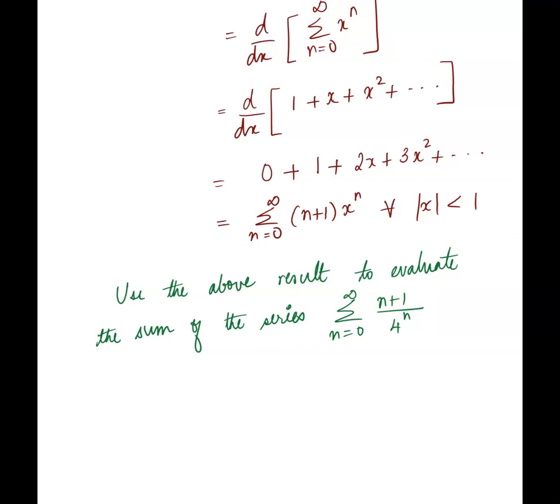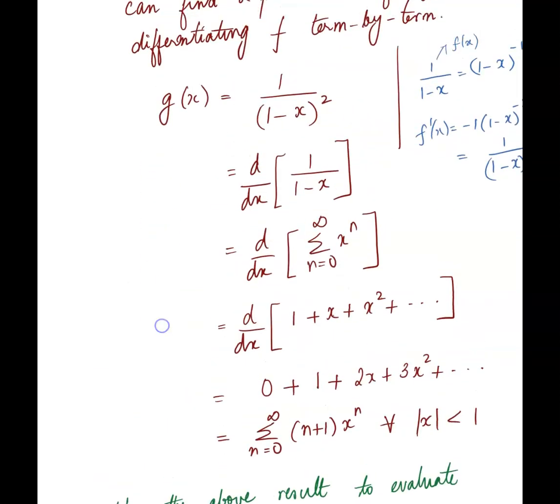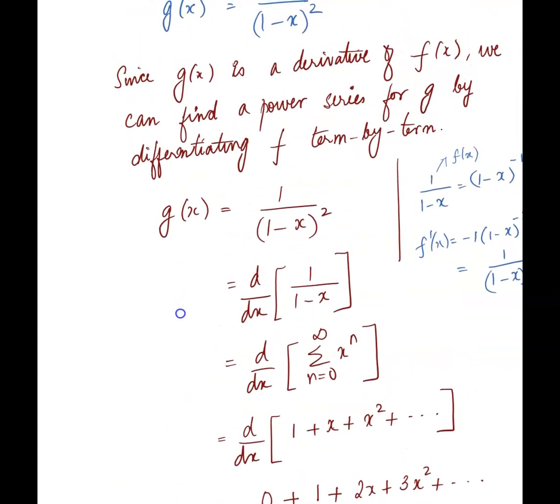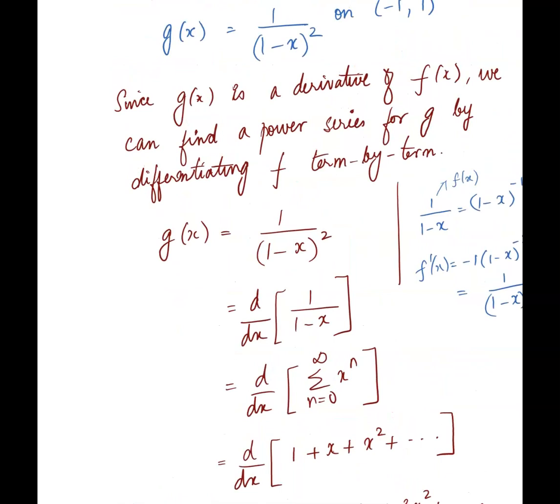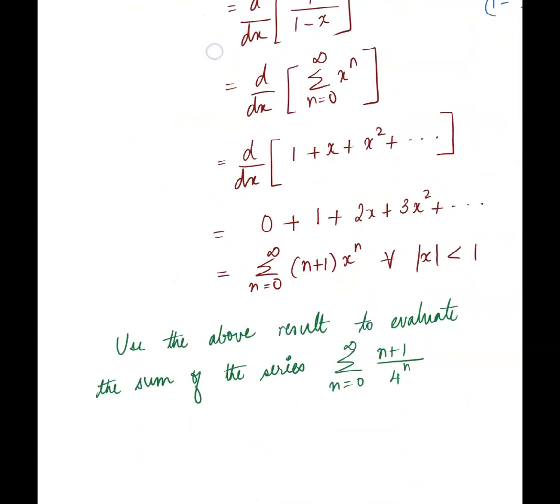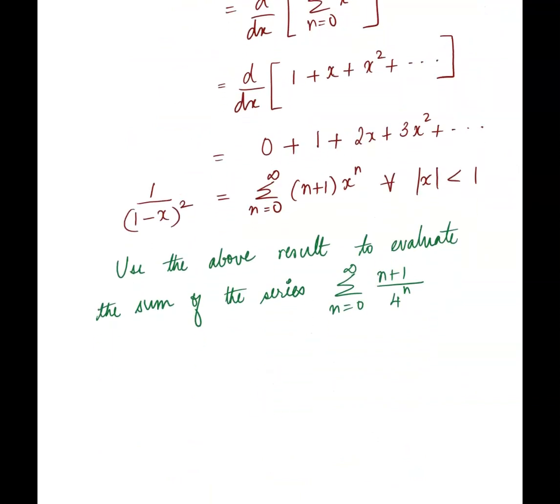To help put things in perspective, remember the left-hand side is g of x, and g of x in turn is 1 over 1 minus x the whole squared. Because we have to use the above result, I want to make this connection very clear. 1 over 1 minus x squared on the function side gives us the power series n plus 1 times x power n.